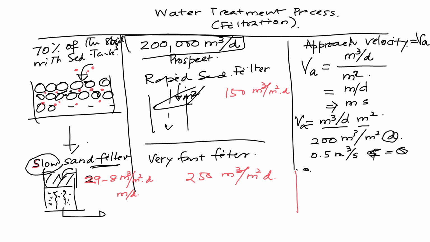So we go back to our unit conversion, which is 0.5 cubic meter per second times 60 seconds per minute, 60 minutes in 1 hour, 24 hours in 1 day.